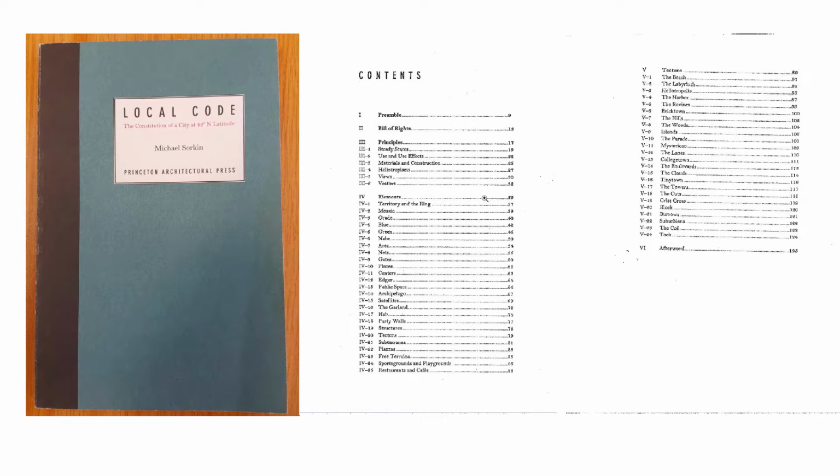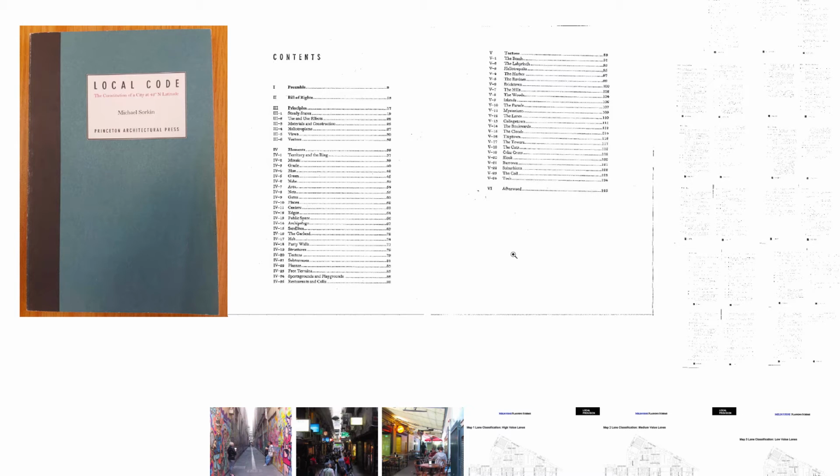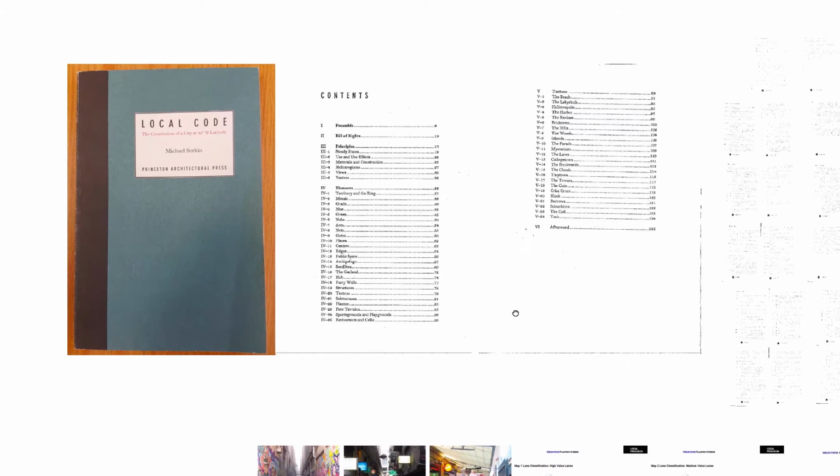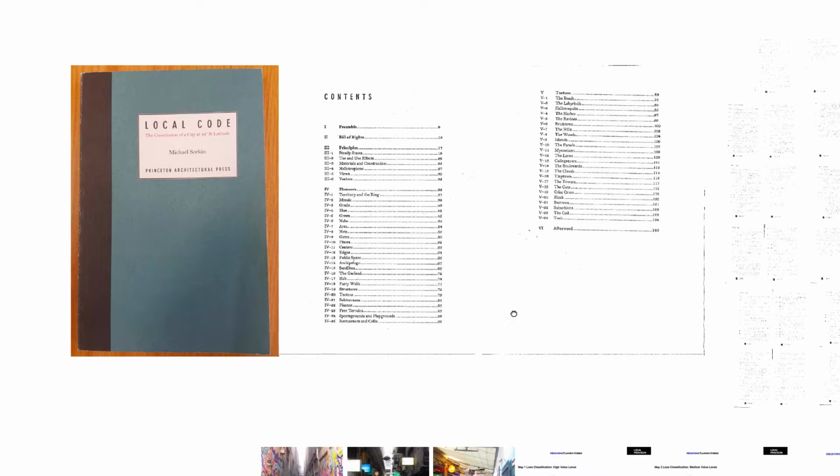He lets you as a reader know that hab probably means houses because it's like habitation. Blue probably means water. Green probably means trees. But he never really tells you what they are. He just defines how they act on each other and how they influence each other. And so, Sorkin's code was really something that I was interested in for a long time because I'm very interested in how you work in time.